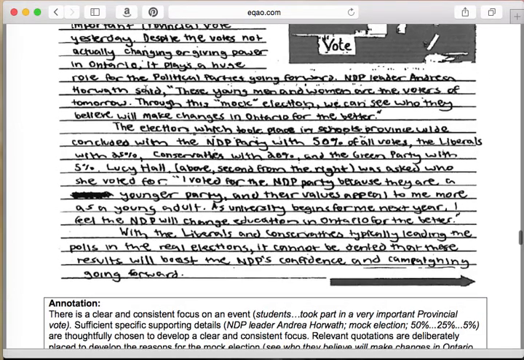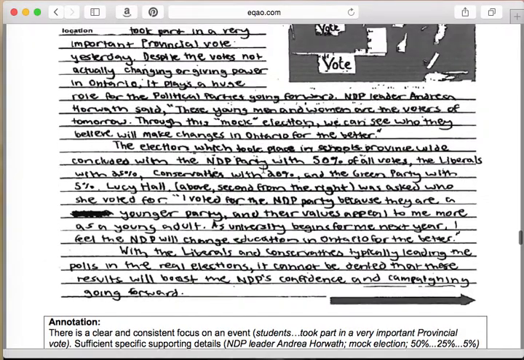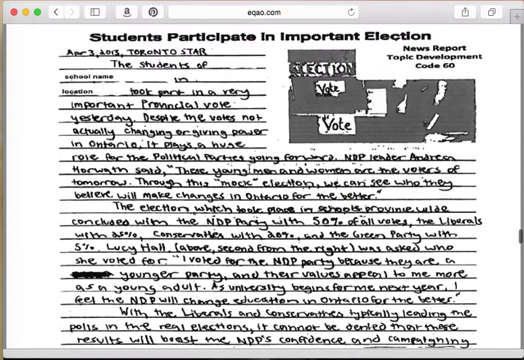So let's take a look at one of the things that really impresses me about this news report, and obviously it impressed the EQAO as well, is this student is using actual political parties, actual political figures in Ontario.